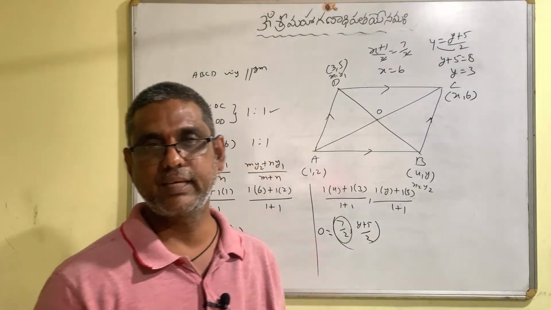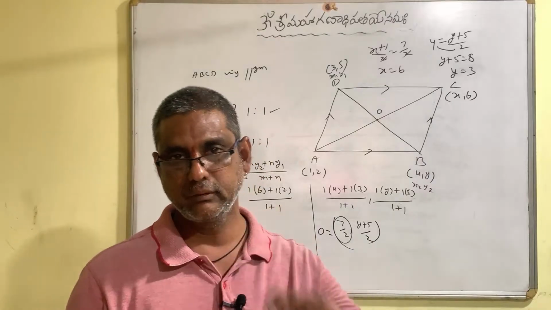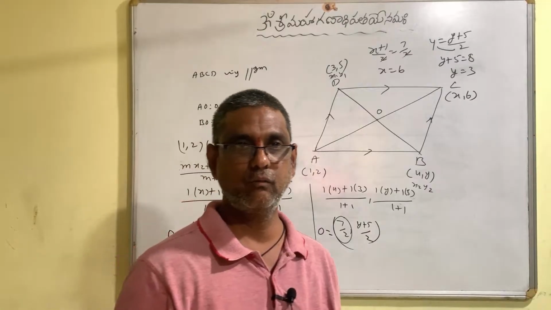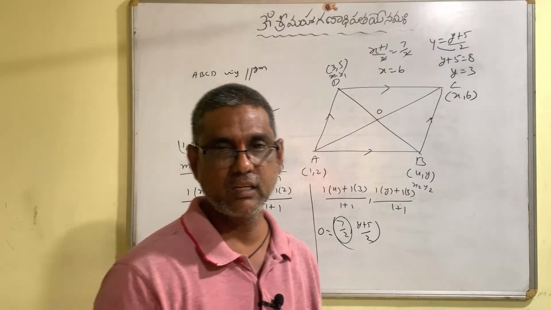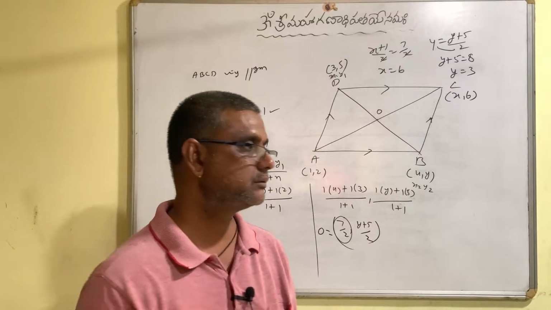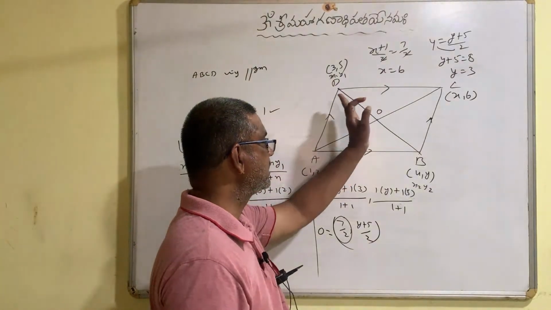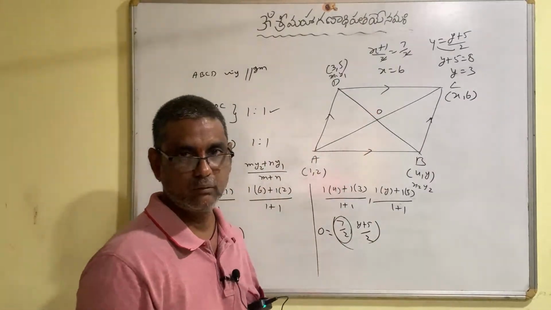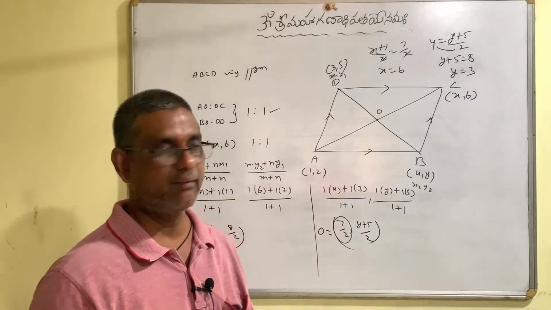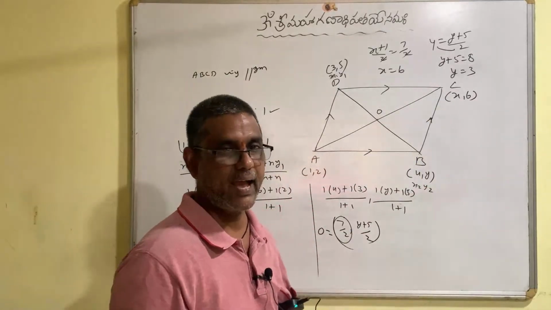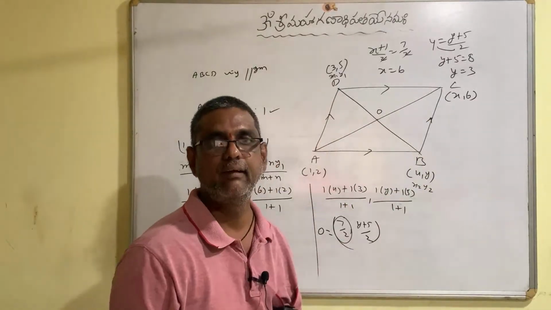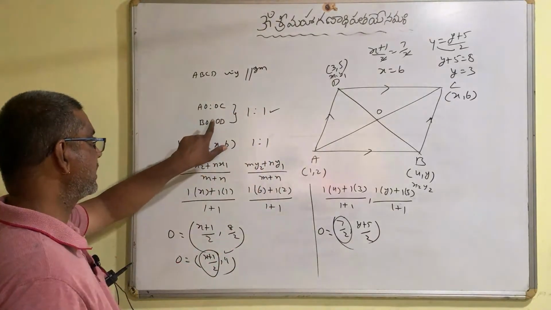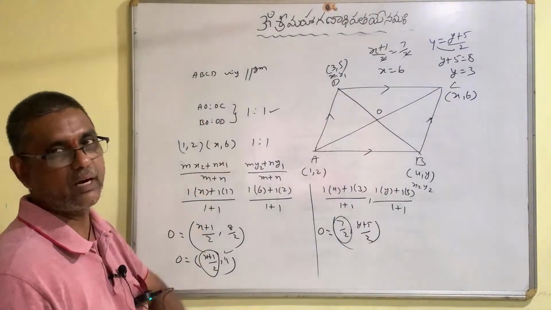Since ABCD is a parallelogram, we know that in a parallelogram the diagonals bisect each other. What is the meaning of it? The two diagonals will meet at a point, let it be O. That point divides AC as well as BD in 1:1 ratio.